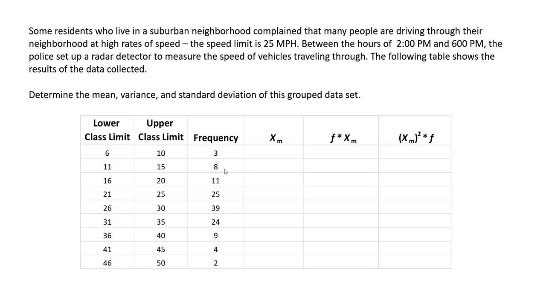There were 8 cars traveling somewhere between 11 and 15 miles per hour, and so on. So you'll be asked to determine the mean, the variance, and the standard deviation for each of these grouped data sets.